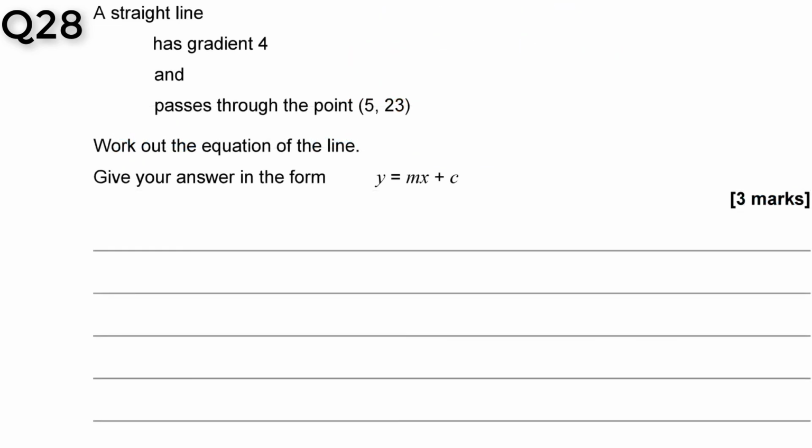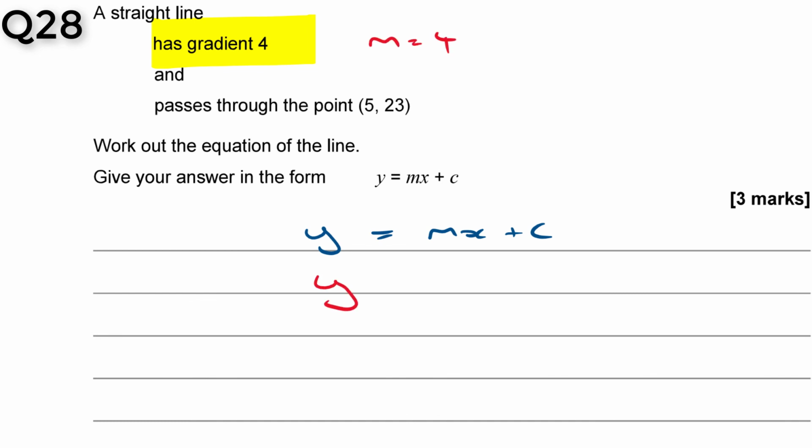A straight line has gradient 4 and passes through the point (5, 23). Work out the equation of the line. Give your answer in the form y equals mx plus c. Okay, so we know that the equation of this line is of the form y equals mx plus c, and we're told here that the gradient is equal to 4, and that means m equals 4.